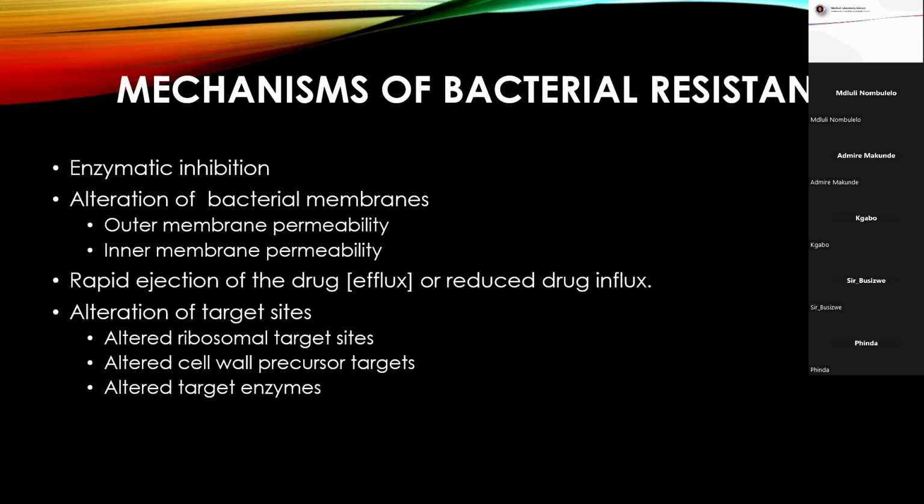This happens over time. One typical example is resistance to penicillins. The bacteria have evolved in such a way that they produce a beta-lactamase enzyme which cleaves the active part of the penicillin rings.